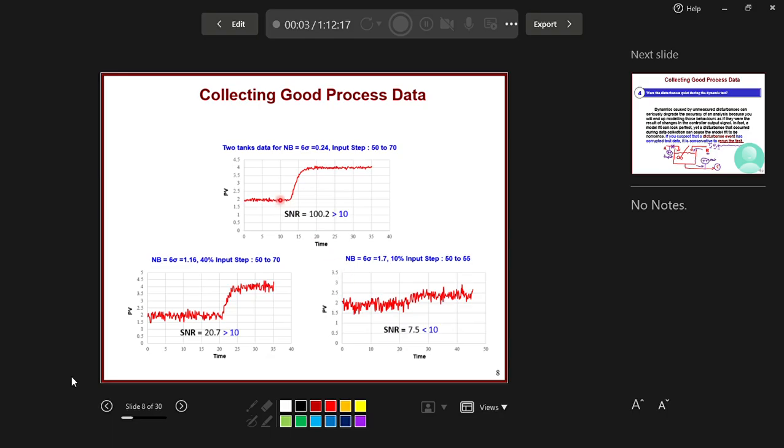This is the data collected from the two tanks connected to each other with a noise band which is 6 sigma of 0.24. The input was from 50 to 70, and the flow rate of the exit stream jumped from 2 to 4.